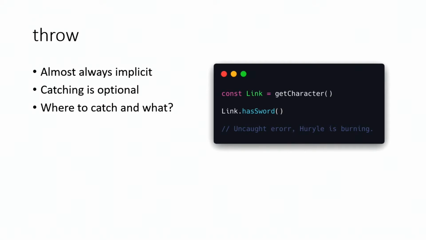Then there is throw. Throw is almost always implicit. What does that mean? You never know when things throw. You never know what things will cause the function to throw. Something causes things to throw, and then you just experiment or read the docs, if there are docs, and then you discover that things are throwing.